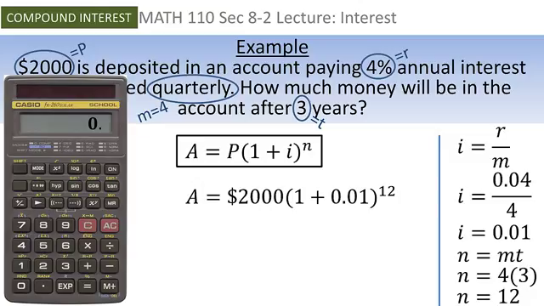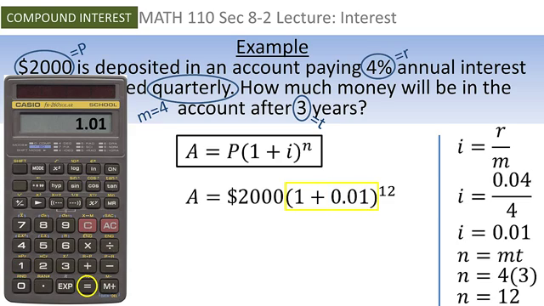I'm not going to show every calculation every time, but I will do this one. First thing I want to do is start inside the parentheses. So I'm going to take 1 plus 0.01 and then hit equal.